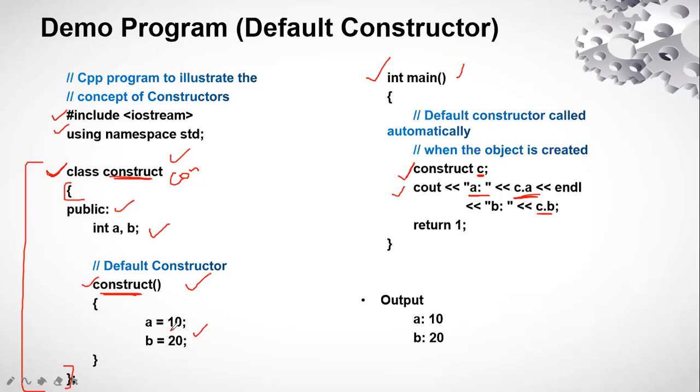Here the constructor has initialized the data member a, that is a is equal to 10. Then b colon is printed out, and the value of c.b is 20, so 20 is printed out here.